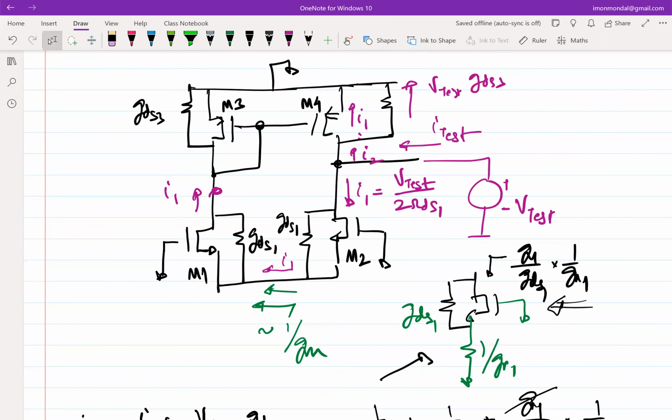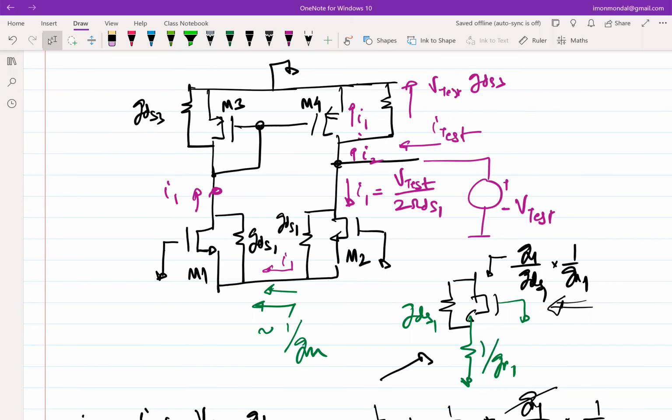Note that wherever there has been a comparison between GM and GDS, I have always neglected GDS. You can do that also, but it's a good practice to not neglect GDS and do it at least once. In exam assignments you can neglect it, but do the entire analysis once in your career without neglecting GDS, and see how close you are to the actual values.